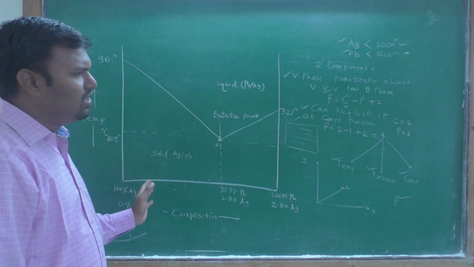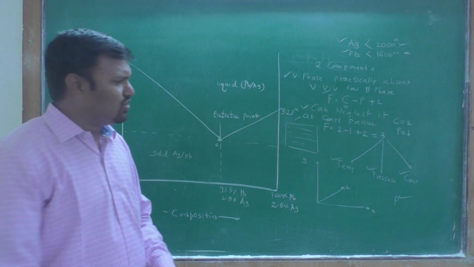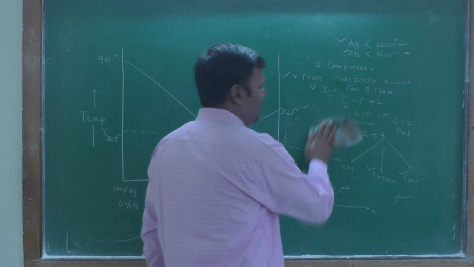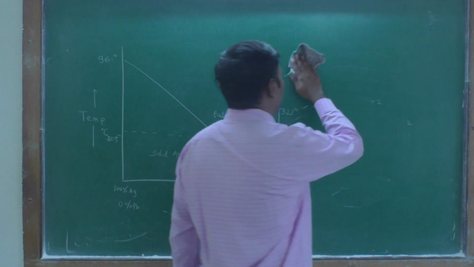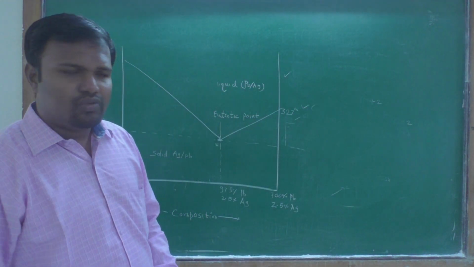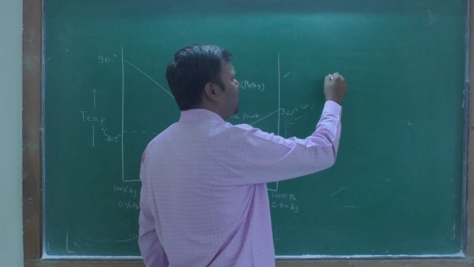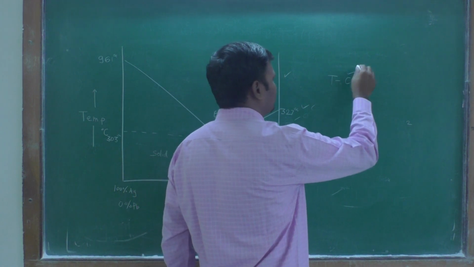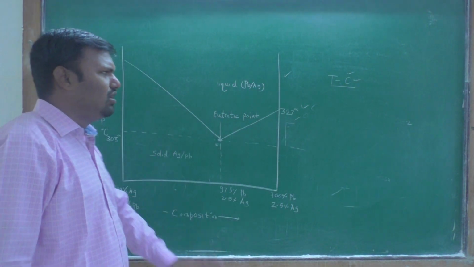At a constant pressure, the phase diagram of the two components can be drawn as a diagram of temperature and composition, with temperature on one side and composition on the other side.